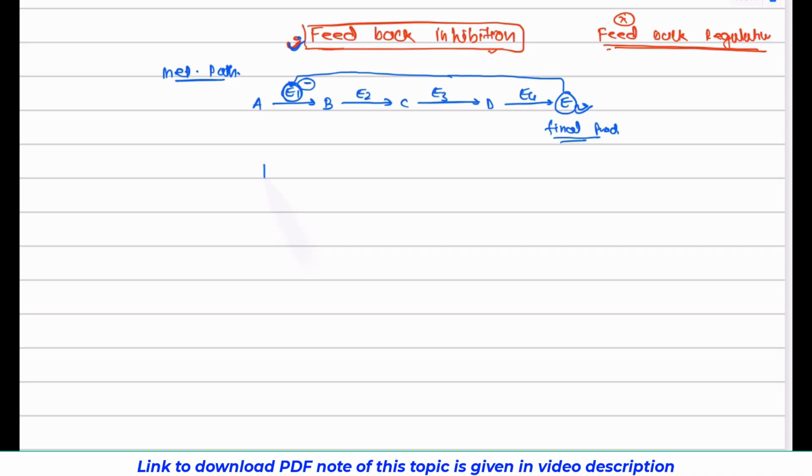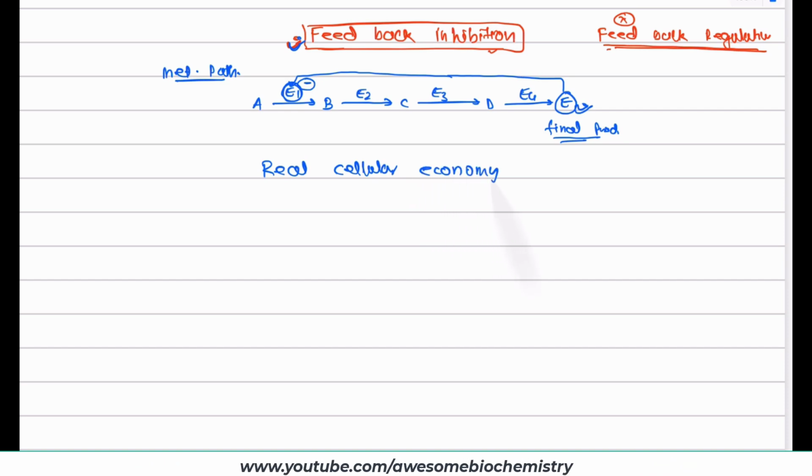And this represents real cellular economy. Why? See, suppose this pathway is working continuously, then what will happen? The final product will be accumulated. But because of this feedback inhibition, the final product will inhibit the earlier step, and so the formation of the final product can be stopped.